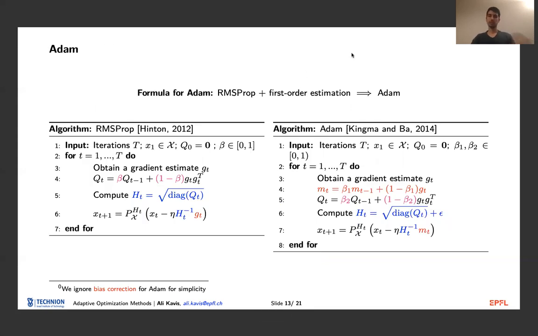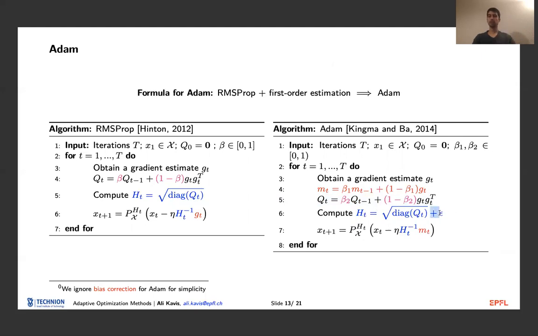I would say Adam is probably the most famous among all these adaptive algorithms. So the core difference between RMSprop and Adam is it has the same moving average for the second order estimate, but what changes is it does the same moving average trick for the first order estimate here. And the rest is the same.